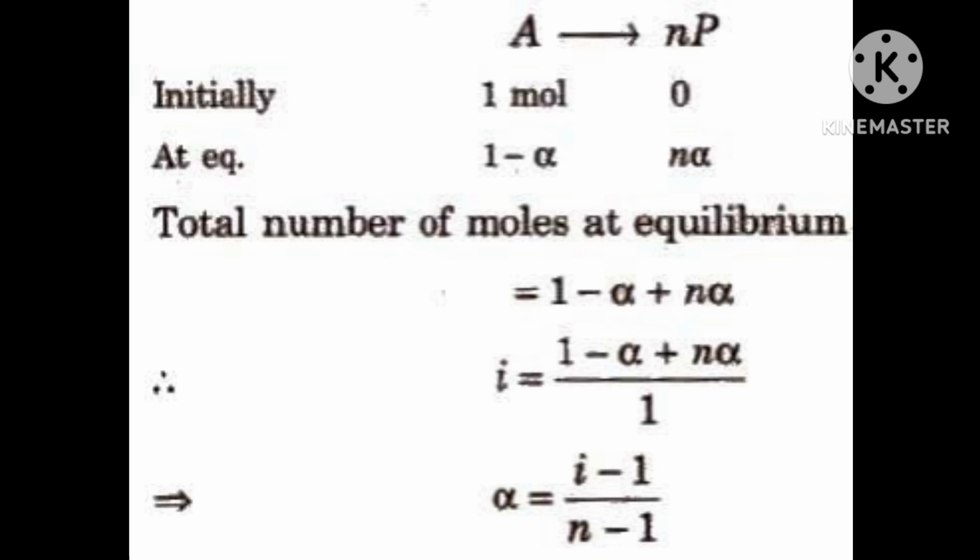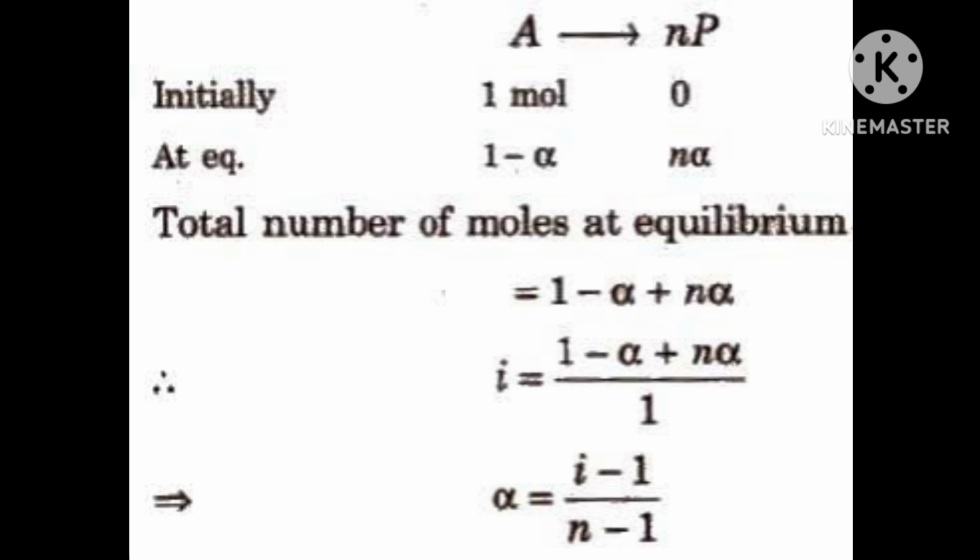The normal molar mass we will quickly convert, that is not a problem, but abnormal means experimental. How will you get the experimental? For that they have given the data. All data is given for that purpose only.